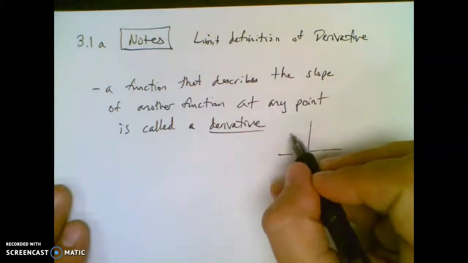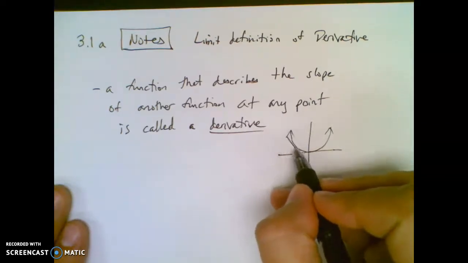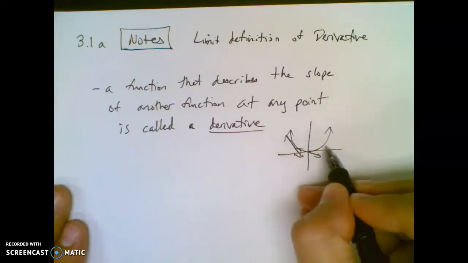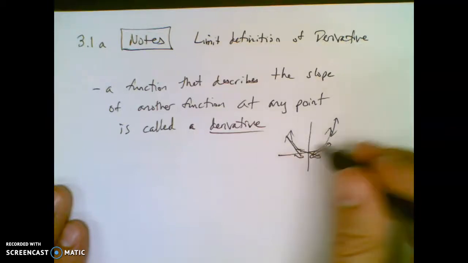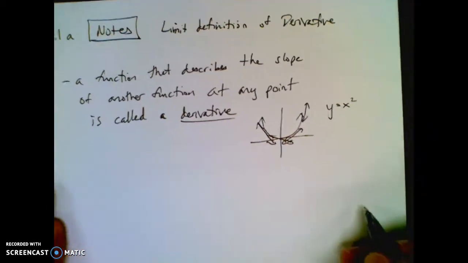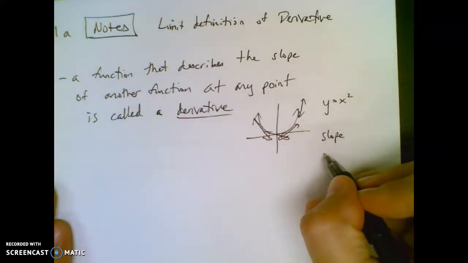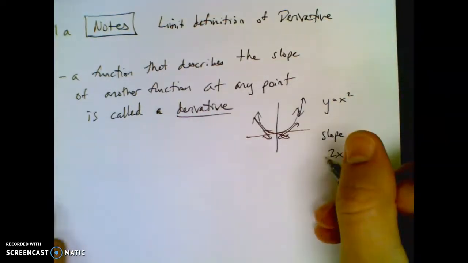You remember that equation from 3.0 where this starts off with a slope that's negative, and then it really flattens out, it's less negative. And then it's a positive slope, then it's really steep. There's an equation for that. If this is the graph of the original, then the slope at any point was represented by 2x, if you remember.